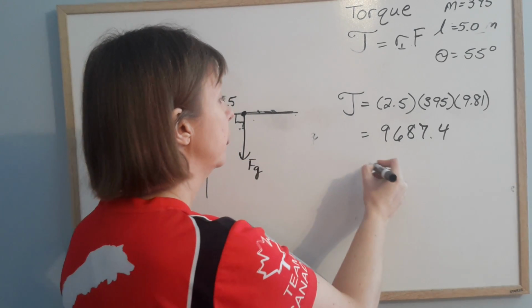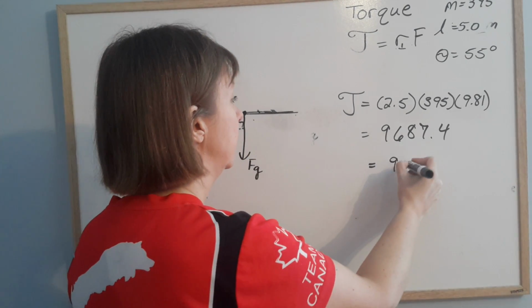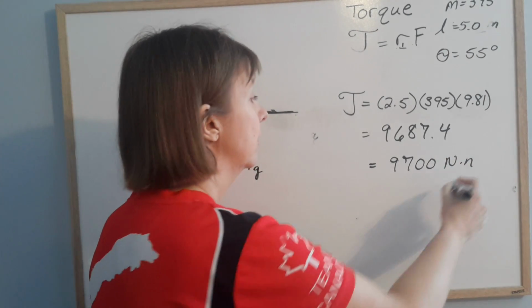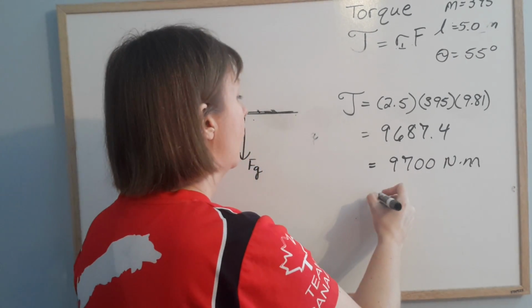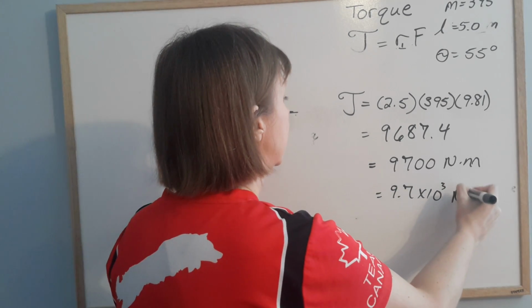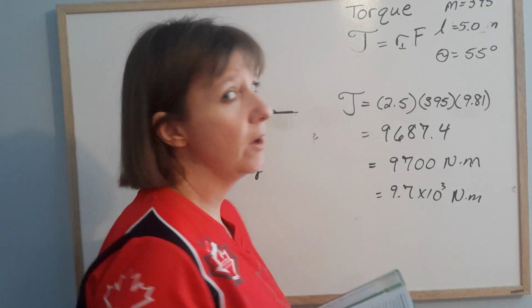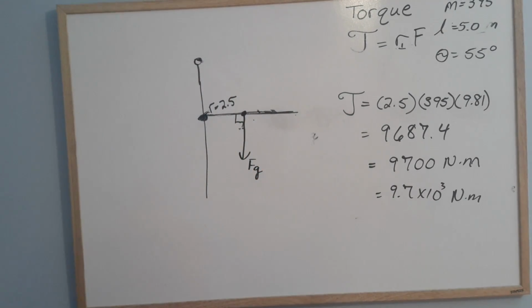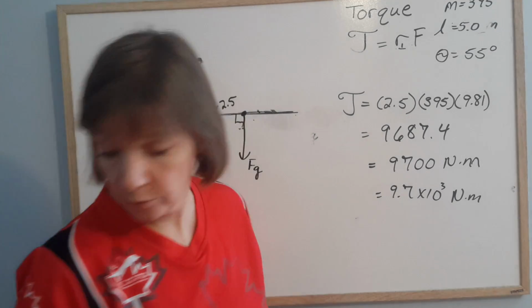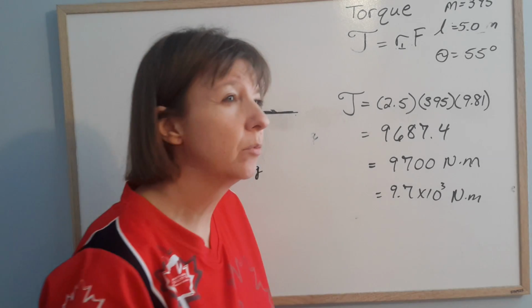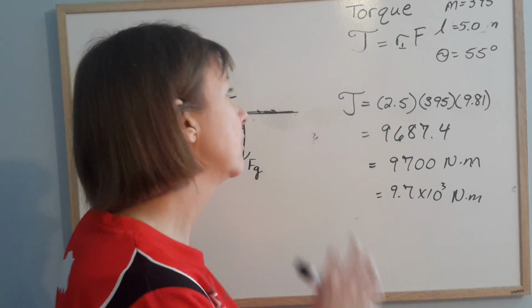And again, paying attention to significant figures, that would be 9,700 Newton meters, or 9.7 times 10 to the third Newton meters. The only thing is we have to think about signs here. It doesn't just work out nicely unless we really think about signs.